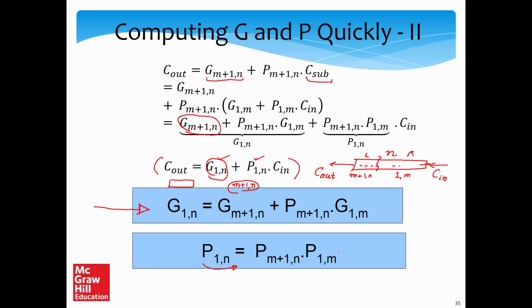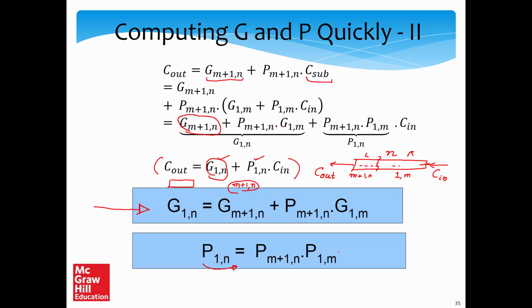But the important take home point is that a carry out is generated only under two circumstances. Either the n-bit block generates a carry, which means irrespective of the input carry, the output will always be 1, or it propagates a carry, which means that if the input carry is 1, the output carry will be 1, and if the input carry is 0, the output carry is 0.